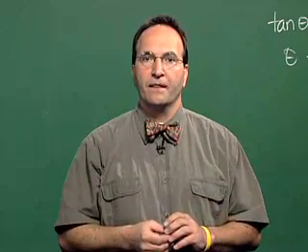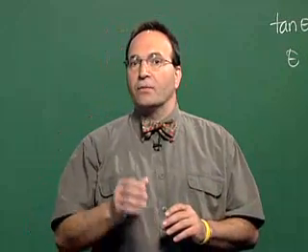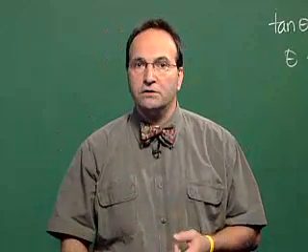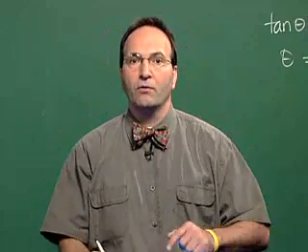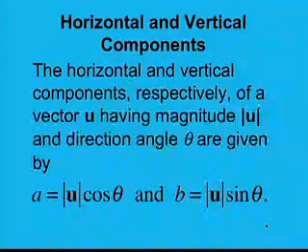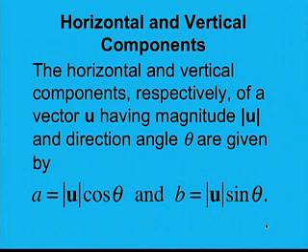326.3 degrees. Well, let's look at the process for generating horizontal and vertical components of a vector. The horizontal and vertical components, respectively, of a vector u having magnitude, absolute value u, and direction angle theta are given by a equals magnitude of u times cosine theta, and b is given by the magnitude of u times sine theta.